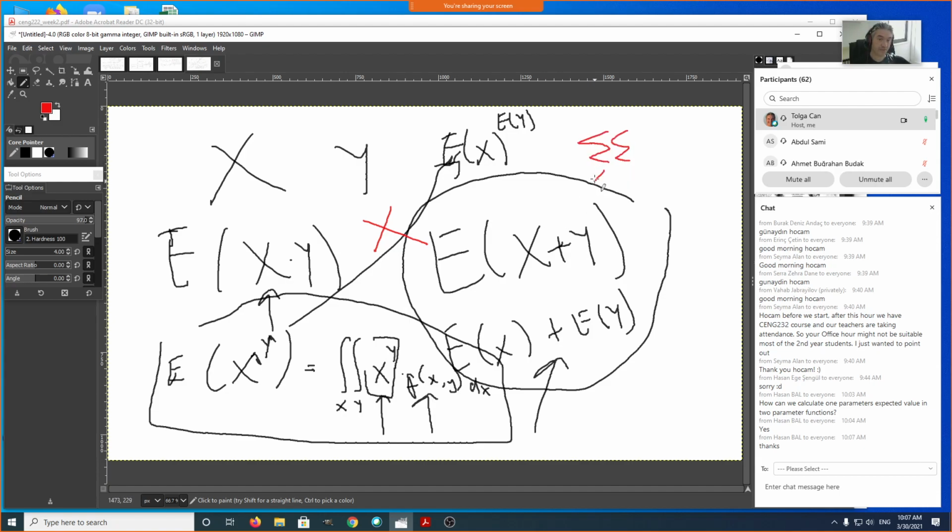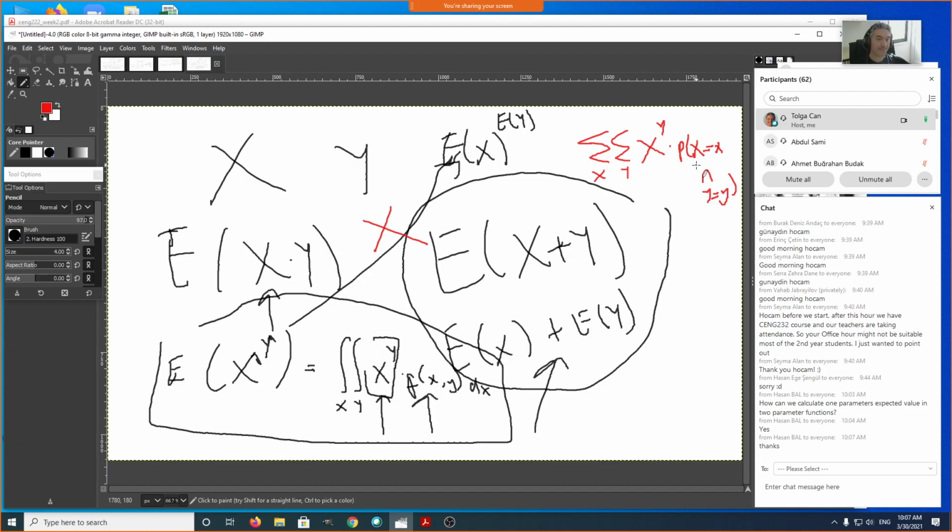In the case of discrete random variables, we take a look at all possible values of x and y. We write it like this, with the probability that X is equal to x and Y is equal to y. Again, the joint probability. But that's a very good question. In that case, we are multiplying.